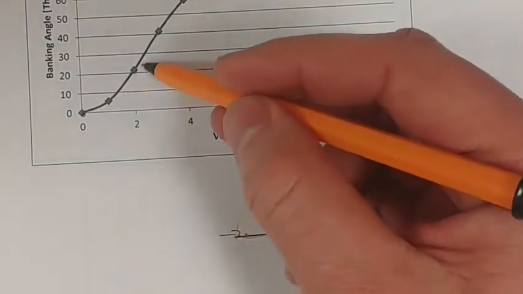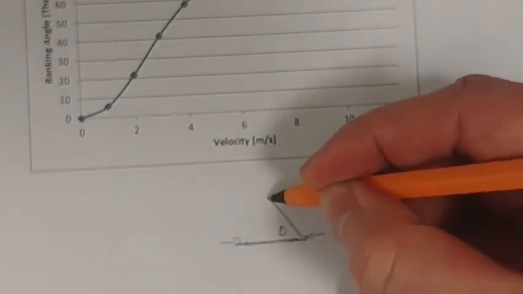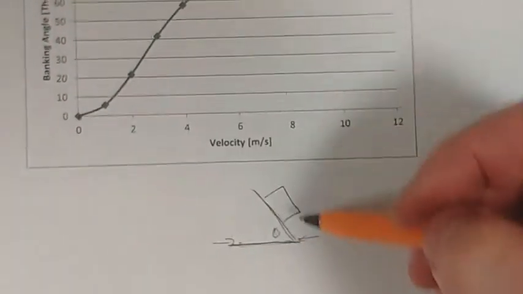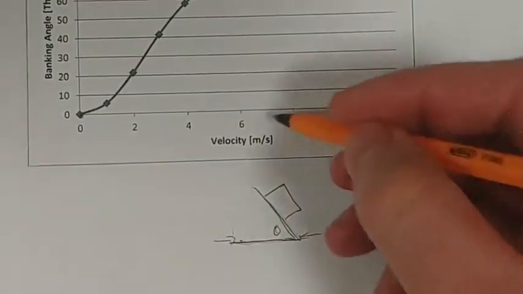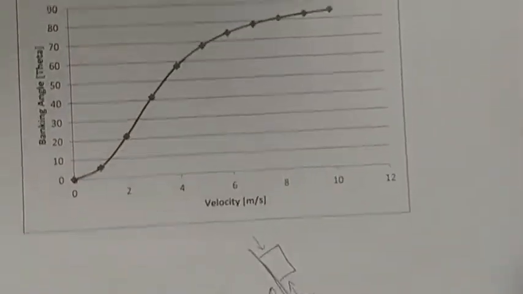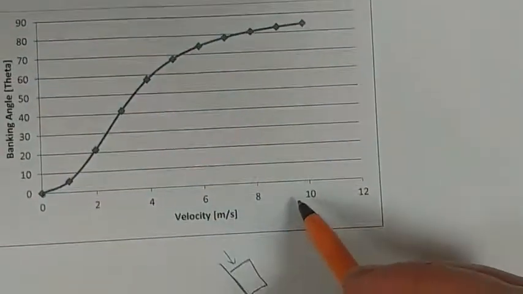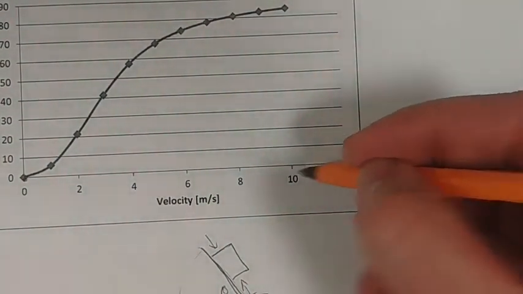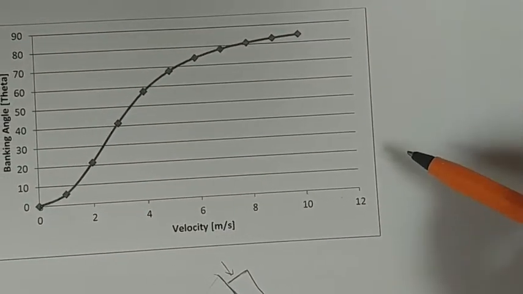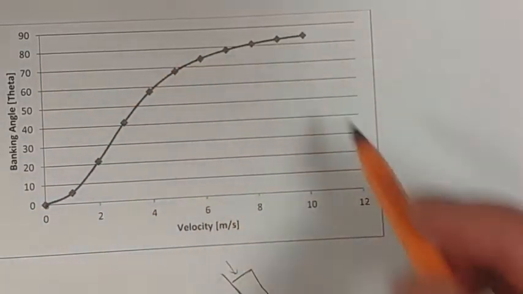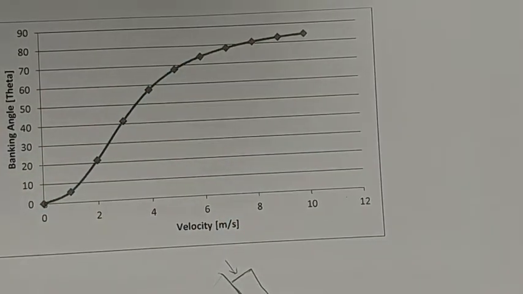But as my velocity increases, I'm able to increase this banking angle, and the car can keep going at that specific velocity without requiring friction to keep it from going up and down. And can you see that as my velocity goes to much higher speeds, say even to 10 meters per second, then we can even get up to this high angle there.